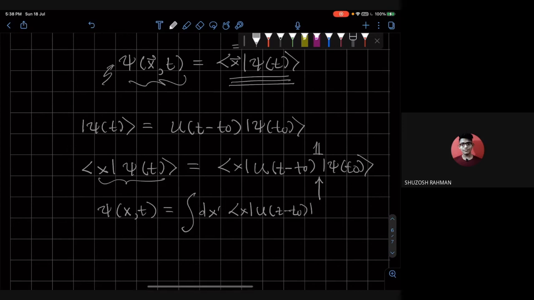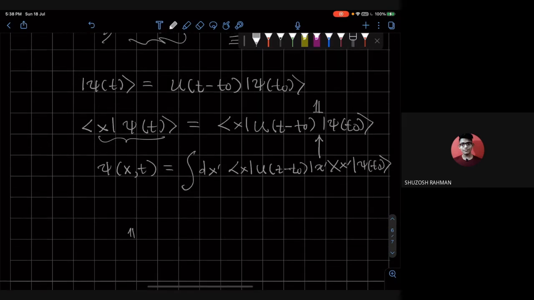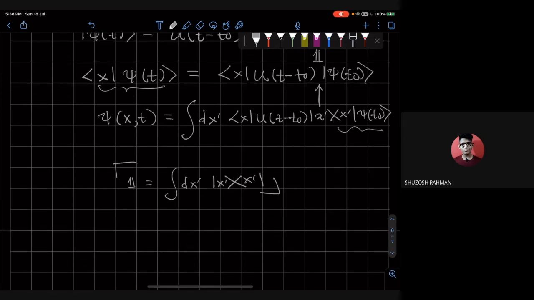I am going to insert the ket and bra and psi of t0, using the fact that the identity operator is equal to the integral of dx prime, |x prime><x prime|, right? Is that clear what I'm doing? Yes, sir. Okay, and then what is this? Psi of x prime, t0. Right, it's the wave function.